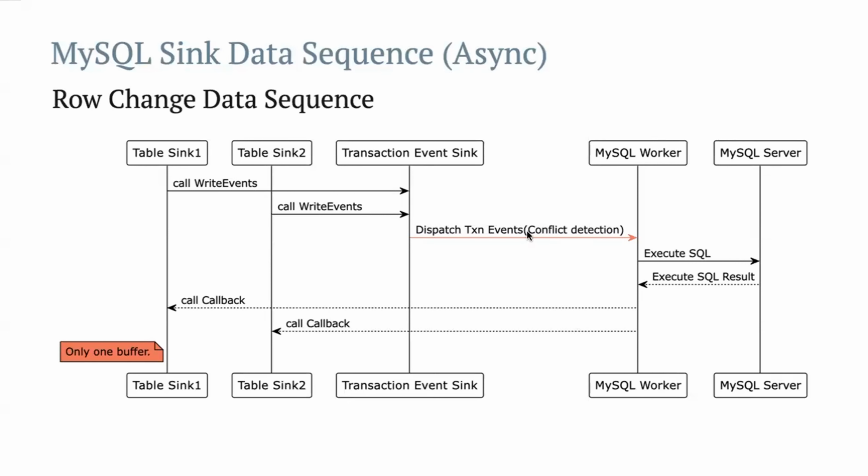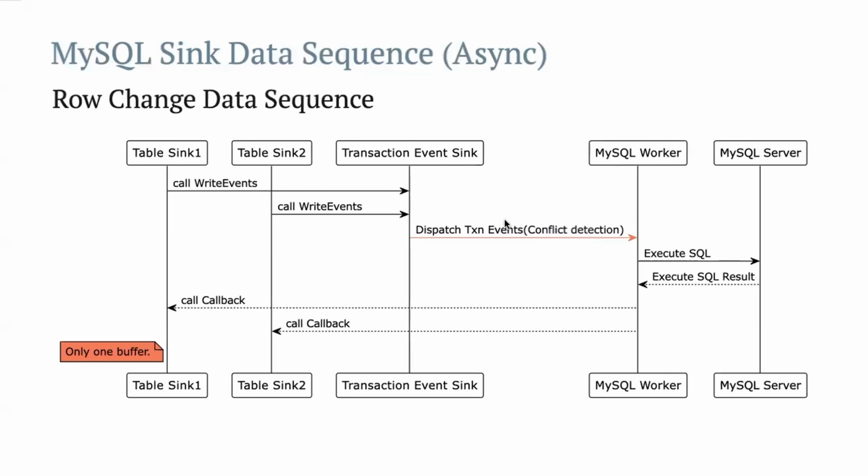However, we must ensure that events are written in the correct order, because maybe one transaction conflicts with another because they modify the same row, or the same primary key or unique key. So we need to introduce a detector to identify the conflicts.